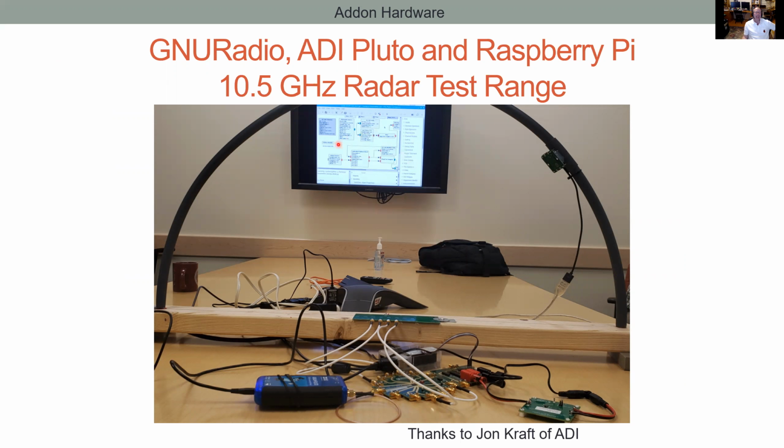Just adding on to the GNU Radio, this is a slightly different SDR. This is a little more powerful one called the Analog Devices Pluto. This is a really nice device.